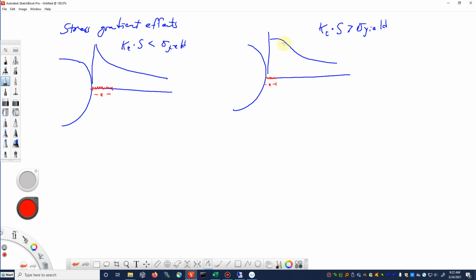It can't grow any further because it's not propagating due to the drop in stress, and it stays at a relatively short length emanating from that notch. And so your stress intensity may be lower there in this case than the case on the left-hand side where we have a stronger material. So sometimes more ductile is better than stronger.